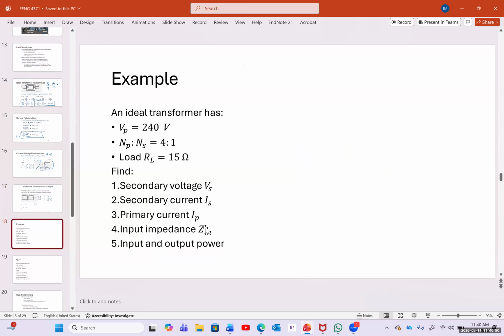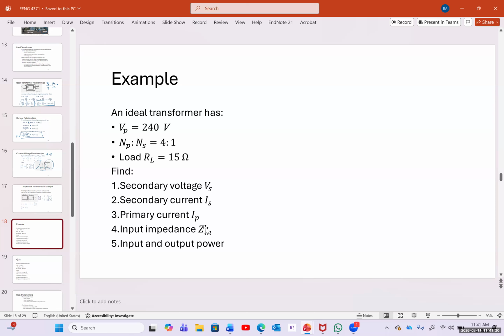Now, let's solve an example. An ideal transformer has a primary voltage of 240 volts. The primary turn to the secondary turn ratio is 4:1. And the load resistance is 15 ohms.